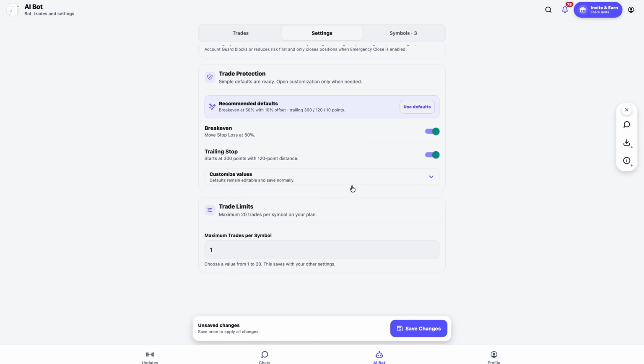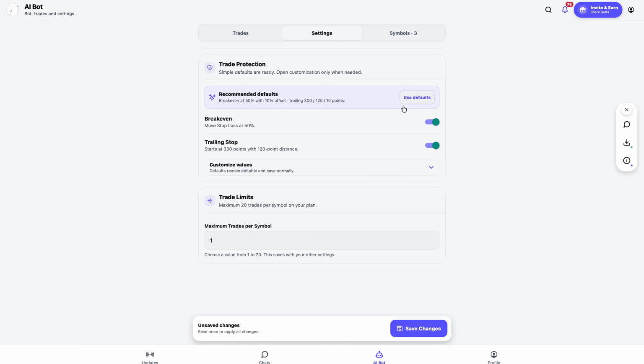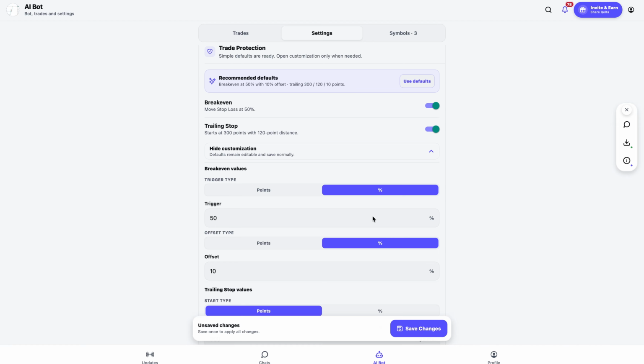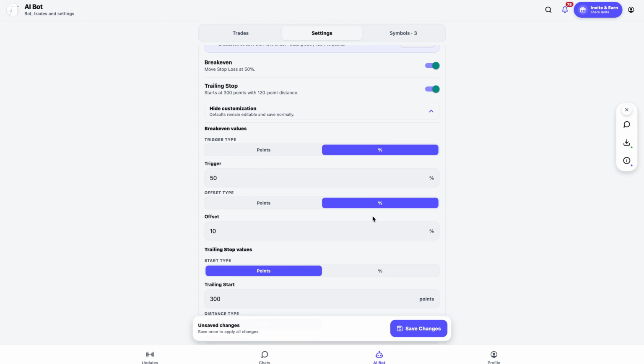And then on Breakeven, you can also use default settings. Please make sure that your breakeven and trailing stop losses are on. Or you can also use custom points or lot or percentages.